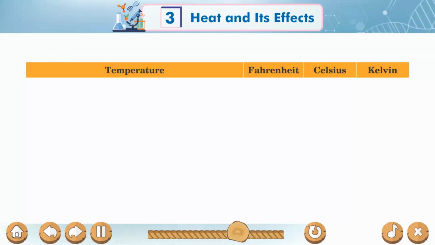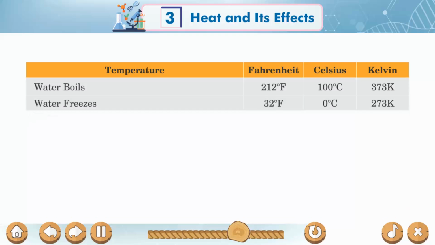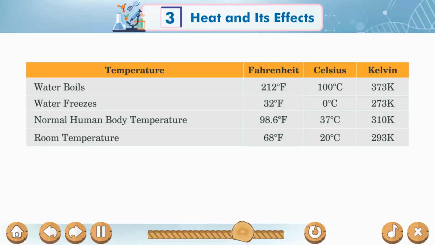Temperature: Fahrenheit, Celsius, Kelvin. Water boils at 212 degrees Fahrenheit, 100 degrees Celsius and 373 Kelvin. Water freezes at 32 degrees Fahrenheit, 0 degrees Celsius, 273 Kelvin. Normal human body temperature is 98.6 degrees Fahrenheit, 37 degrees Celsius and 310 Kelvin.